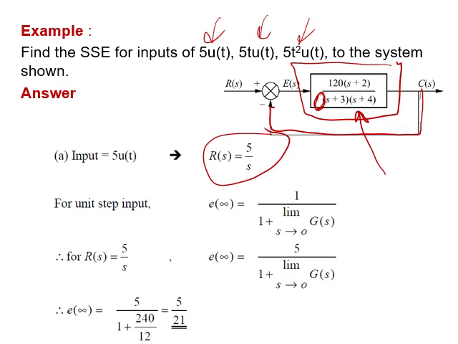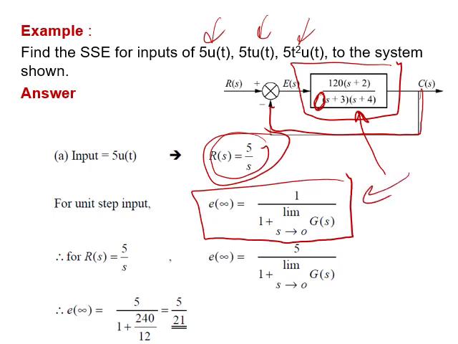Let us calculate now. The input is 5 over s. The formula to calculate the steady state error, if the input is step, is this one. Now we are going to substitute the value of G(s).